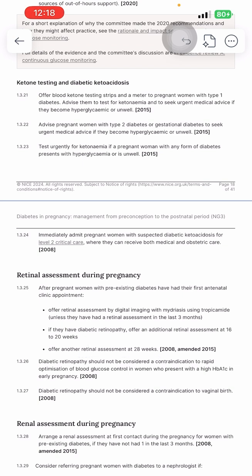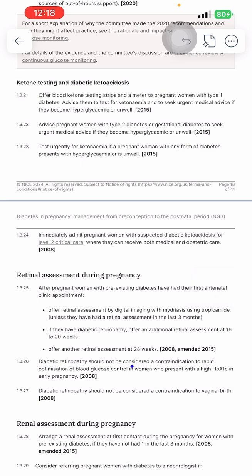So if the booking retinal assessment was done and was normal, then offer another assessment at 28 weeks. If that initial assessment was not normal at booking, then you have to offer an additional assessment at 16 to 20 weeks. This is one important SBA: if the patient has already had her retinal assessment at booking and it was abnormal, then you have to repeat it at 16 to 20 weeks.